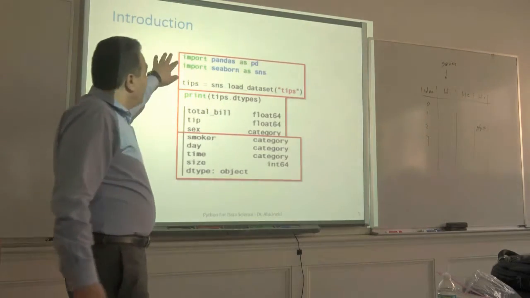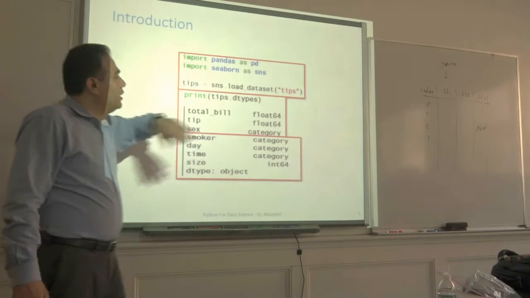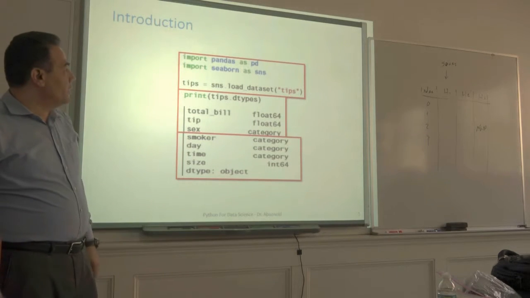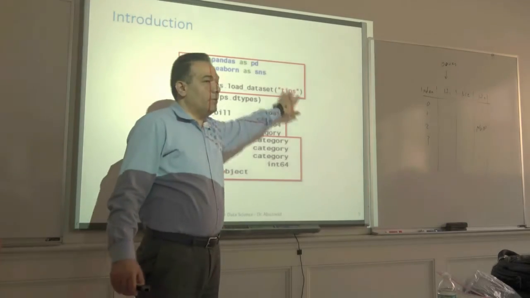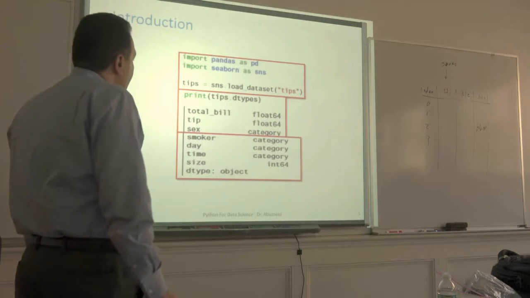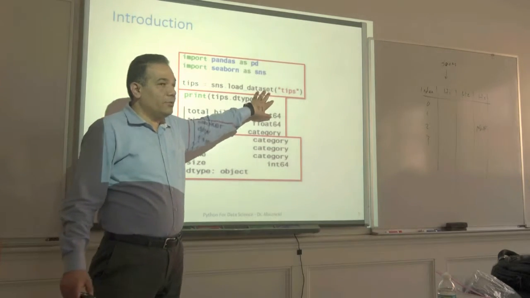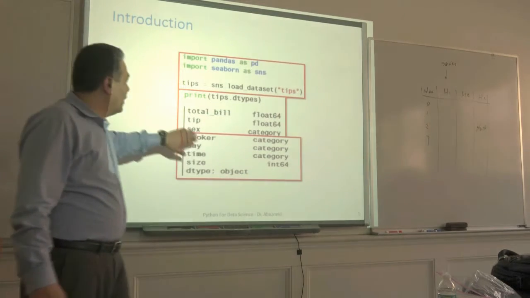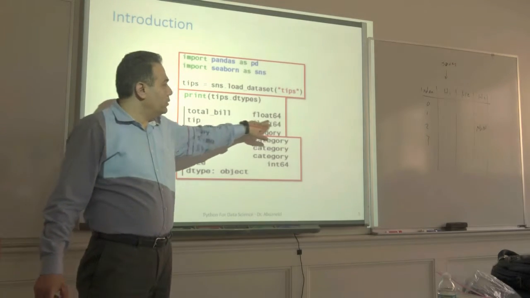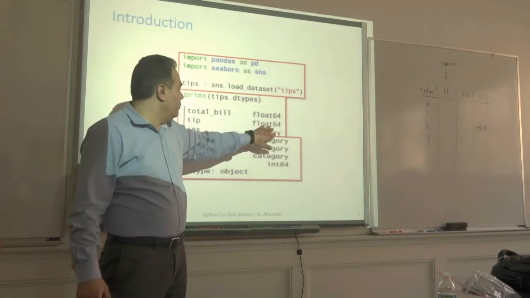If you import Pandas and Seaborn, where we can download many different types of data, let's load the tips data. If you print the types in tips, the total bill is a float, 64-bit. Tip is a float, 64-bit.